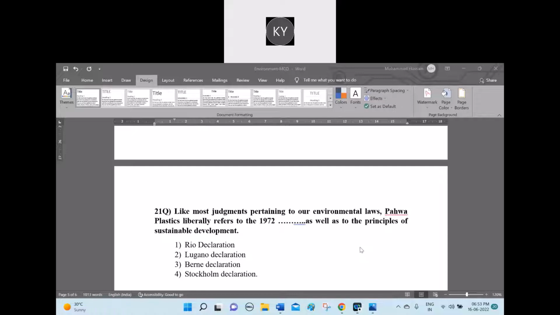Even the industries which are making smoke and other things emit carbon monoxide, that is CO, not CO2. CO2 is carbon dioxide, the 2 means two oxygen atoms. Carbon monoxide, CO, causes the depletion of the ozone layer, and if the ozone layer is depleted, very harmful ultraviolet rays come out and there are many diseases.